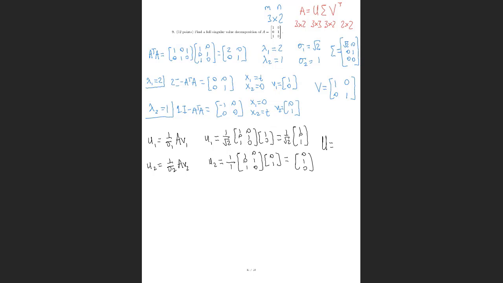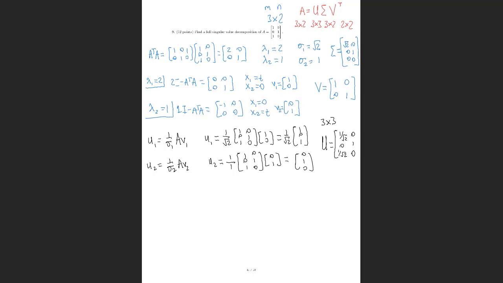So then we can go ahead and put these into the columns of U. All right, but for the full SVD, our matrix U has to be 3 by 3, since A was 3 by 2.